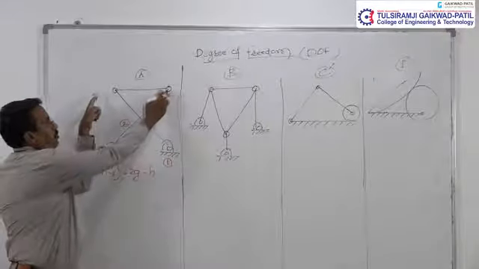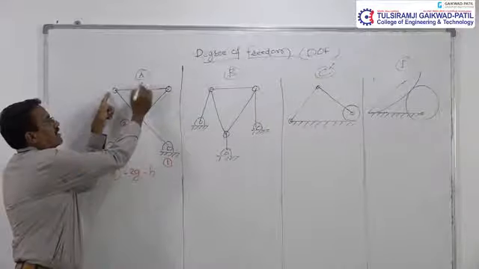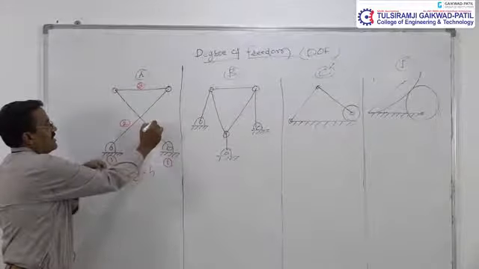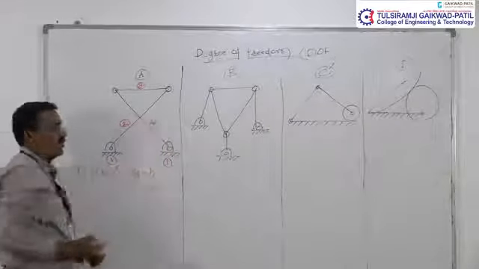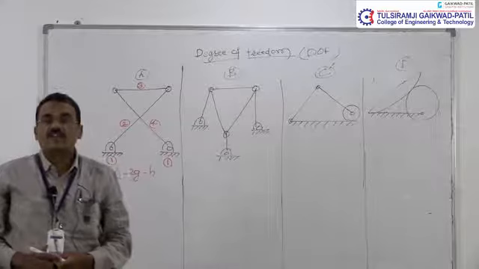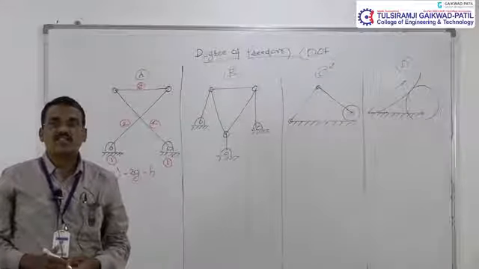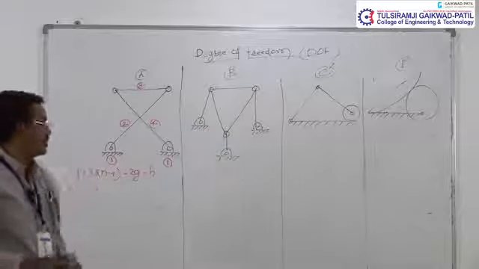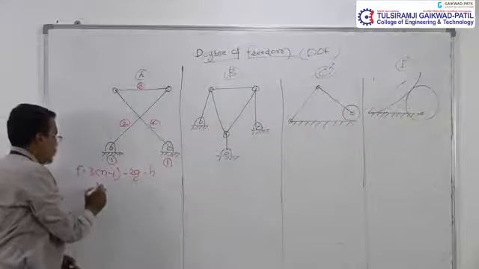This point to this point, the link number is 3. From this point to this point, that is link number 4. Now this particular mechanism in a plane has 4 links, which means the number of links n is equal to 4.